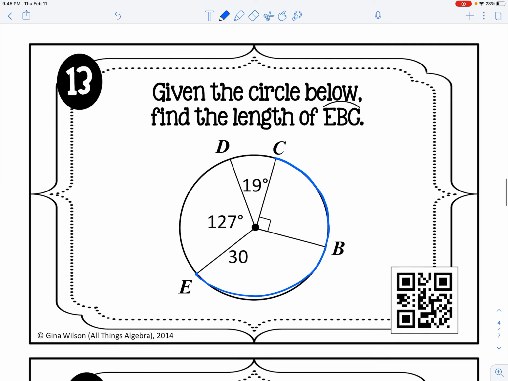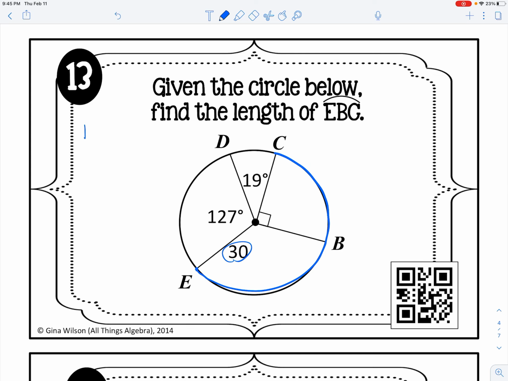Our radius is this 30 right here. Now we need to know what this angle is, this whole thing. This chunk right here is 90, so we need to know what the rest of this is.